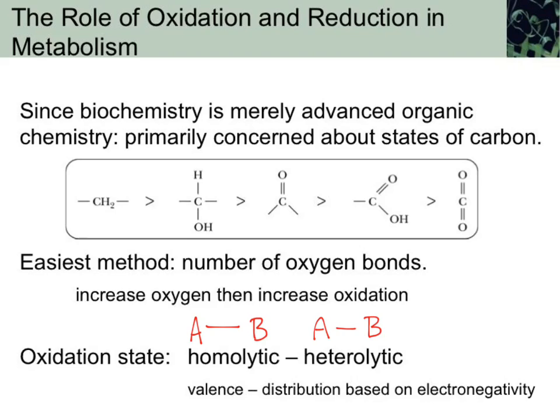In a homolytic situation, what we are referencing is the electrons in that bond going back to their part or original atom. So we can use a fishhook arrow signifying that one electron in the bond went back to A, one electron went to B. That is a homolytic bond cleavage.